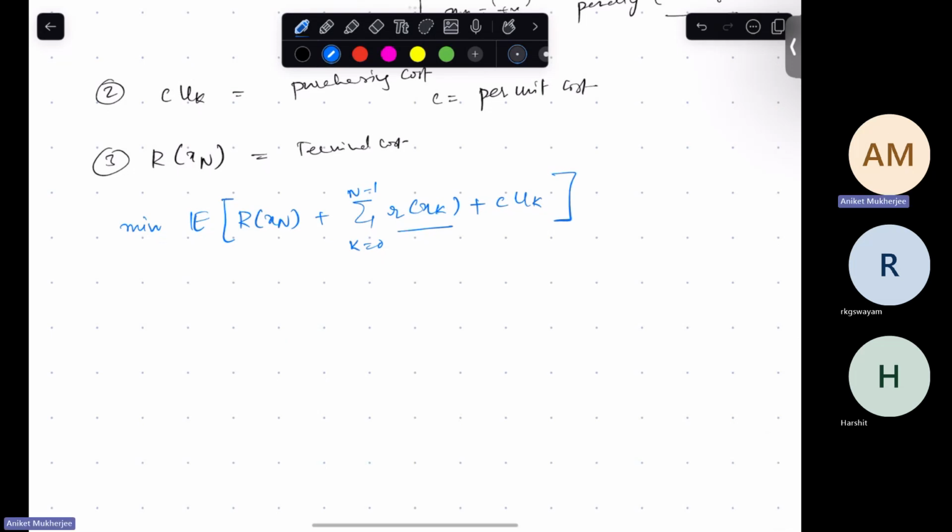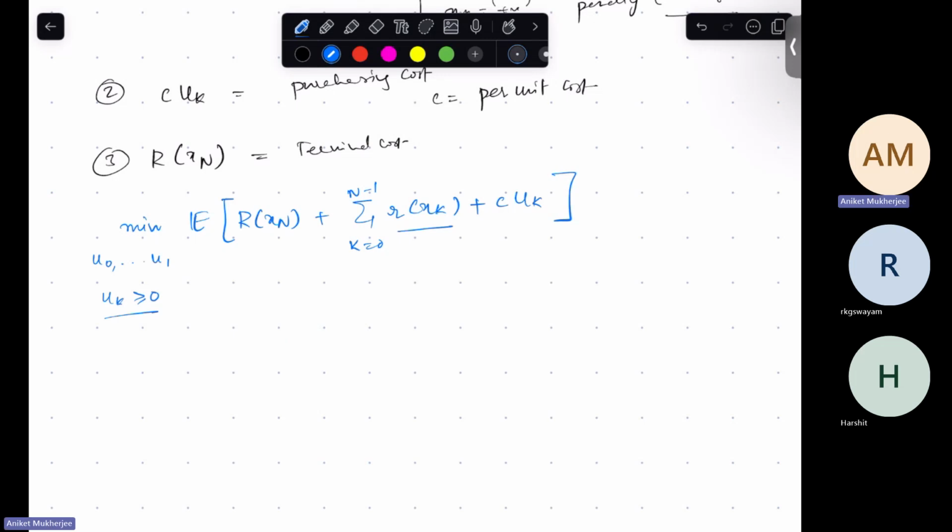So now your problem is you need to find these u0 to uN minus 1, and your uk is greater than or equal to 0. This constraint is the assumption that you can only order something, you can't return something. So at every instant, you have to take a decision whether you want to order something or not.